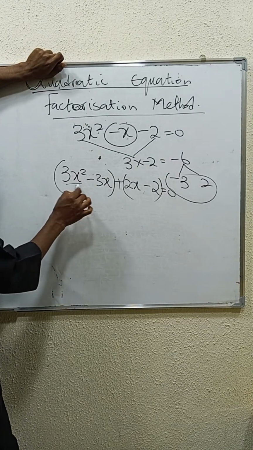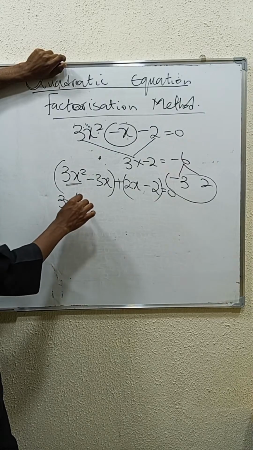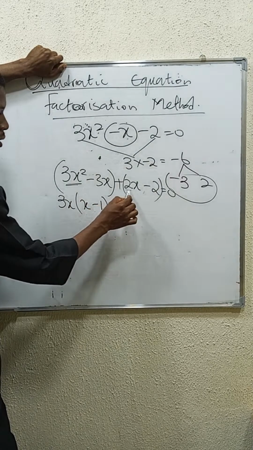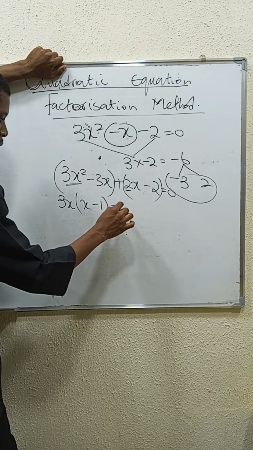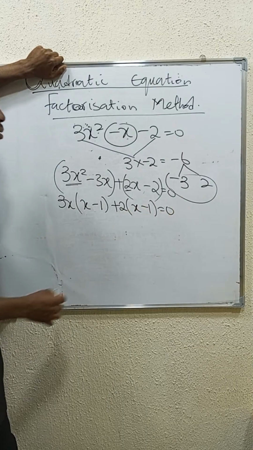So we factor out the common term 3x. You are left with x minus 1. Then if you factor the common term 2, you are left with x minus 1, and that's 0.